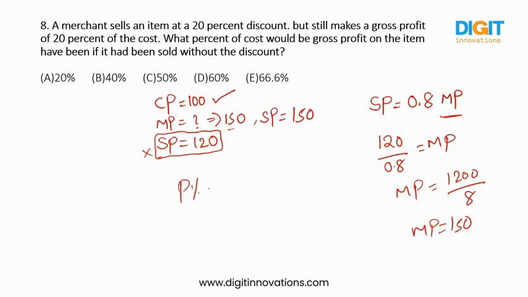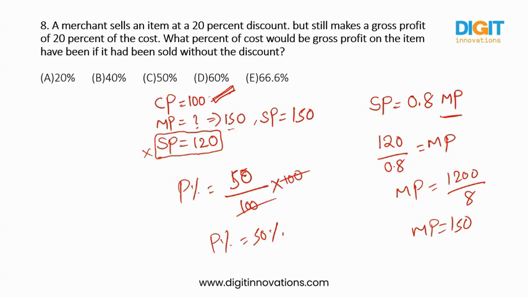So the profit percentage: it would be profit from 100 to 150. So how much is that? 50. You're getting 50% profit. So cost price is 100 into 100. The 100 will get cancelled. So total it is 50 percent. So first he buys it for 100 rupees.